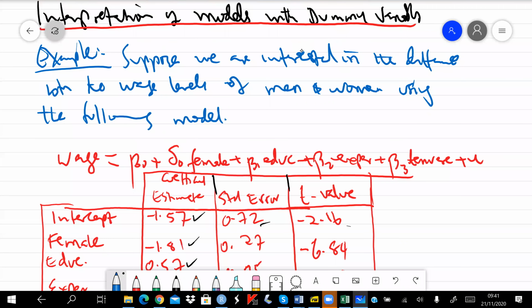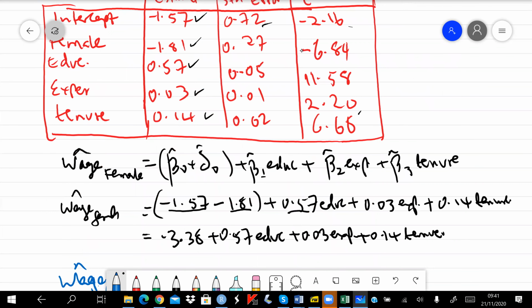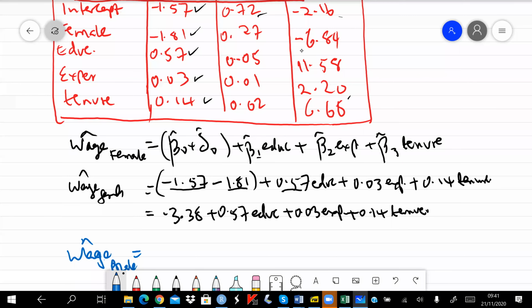So once you put 0 here, even this coefficient goes away. So we're left with the intercept, then the remaining ones. So this will be equal to minus 1.57 plus 0.57 education plus 0.03 experience plus 0.14 of the tenure.